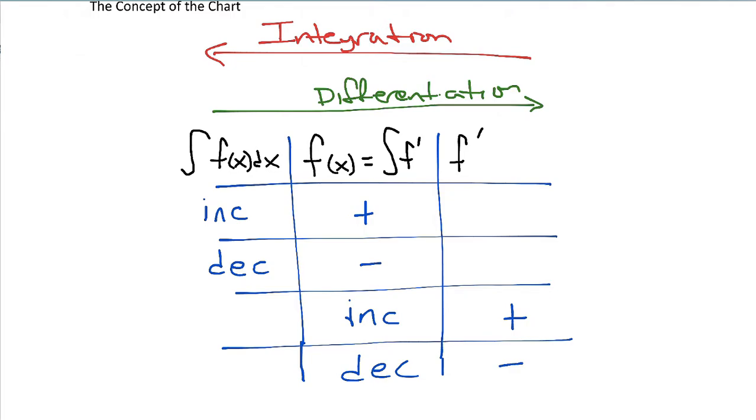So if this is f prime of x dx, then the middle column is the integral of f prime. So we can kind of move through these in general. So we can relabel these anything we want.